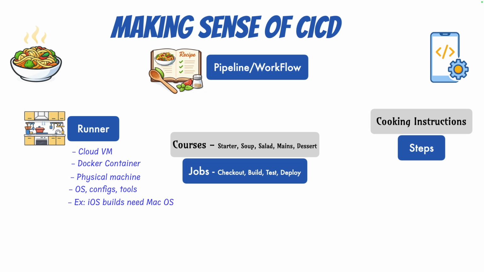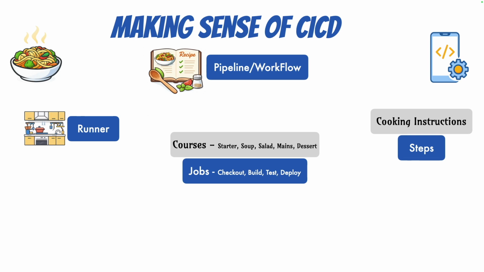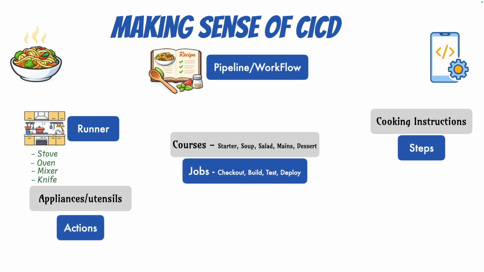That's a typical example. You might have a kitchen, but then you need to furnish it with proper appliances and utensils so that you can actually cook something in that particular kitchen. Things like stove, oven, mixer, knife. In CI/CD, these are called actions or plugins. Actions actually perform the specific tasks. They are reusable and they save you from reinventing the common logic. For example, check out the code.